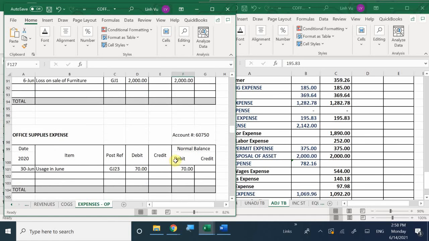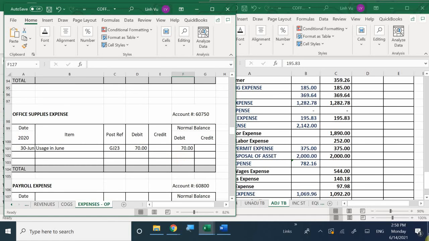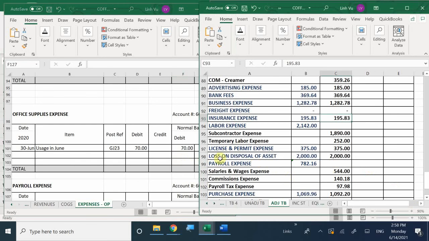Now we have office supplies expense, so that's something we have to add.